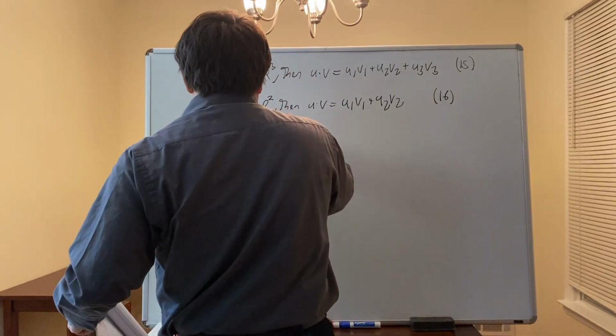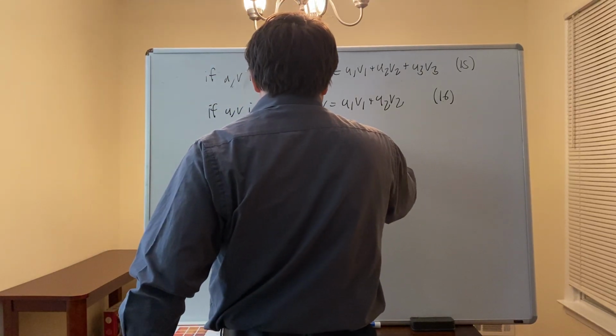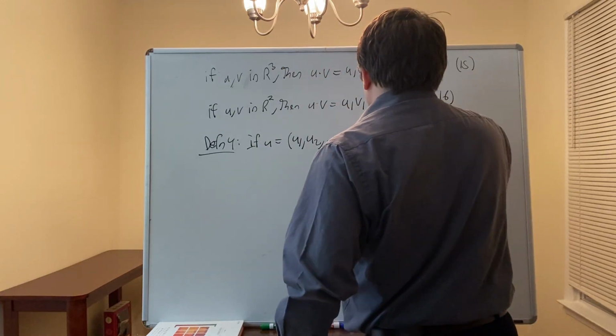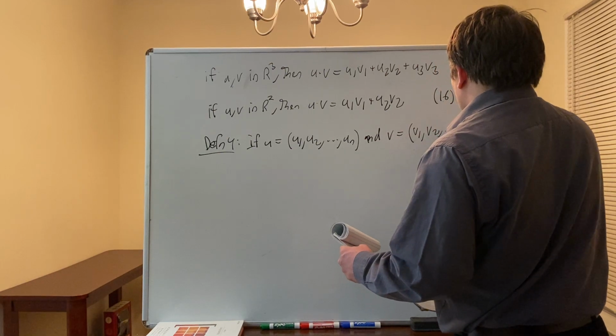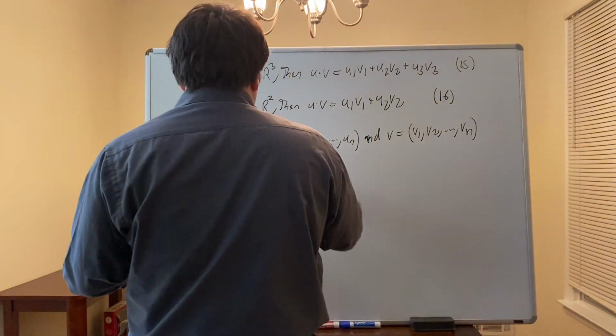Definition 4. If u is u1, comma u2, comma dot dot dot, comma un, and v is, because it's a definition, I just want to make sure that it's clear that you know what I'm saying about a definition before you use it for everything.